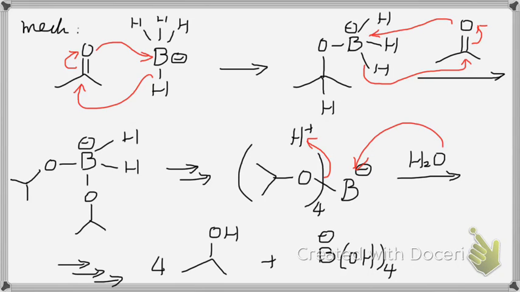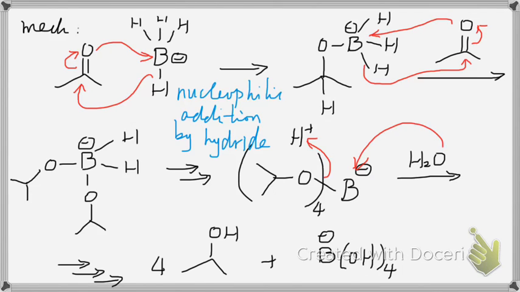That's it. And you know 1 equivalent of sodium borohydride can react with 4 equivalents of the carbonyl. And that should be sufficient. All right. So the key step is the first step, nucleophilic addition by the hydride.